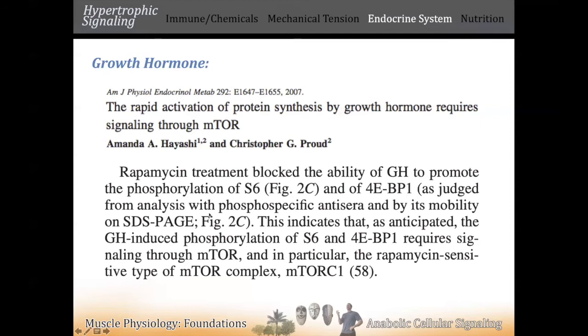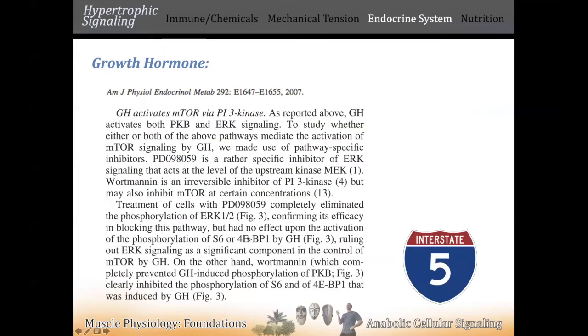All these upstream variables, upstream promoters and inhibitors. But what's more interesting is if you introduce an MAPK inhibitor, growth hormone still works, still getting muscle interaction, still getting hypertrophy with an MAPK inhibitor. But if you introduce wortmannin, remember, wortmannin is going to inhibit PI3K. That's a PI3K inhibitor. Now you're shutting down the effect of growth hormone on tissue regeneration and hypertrophy.